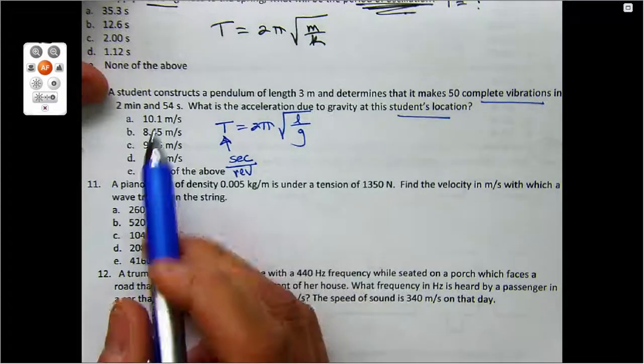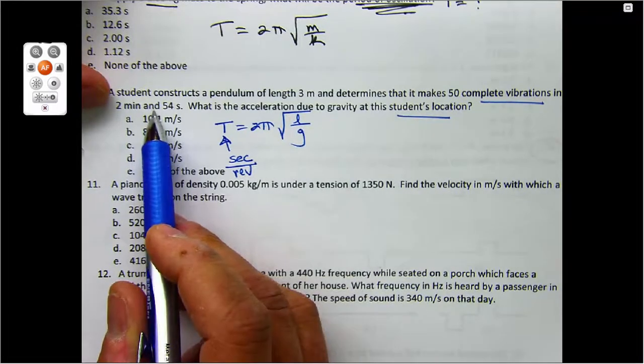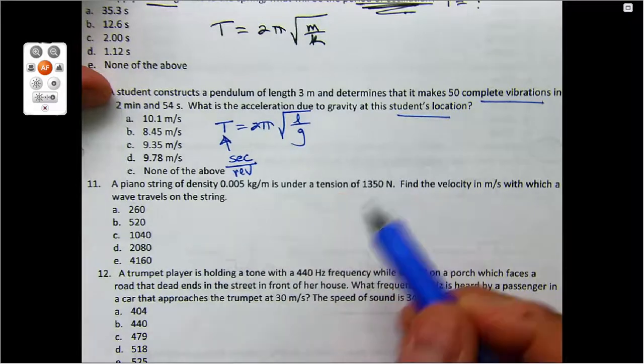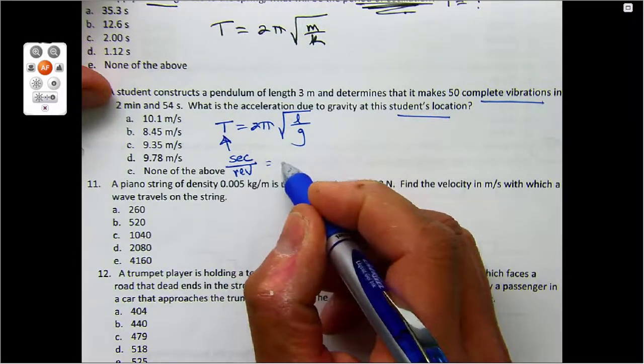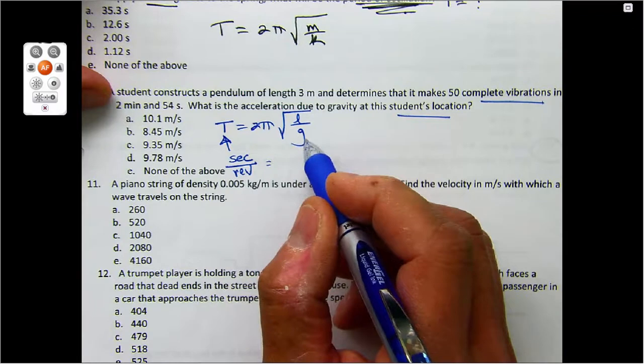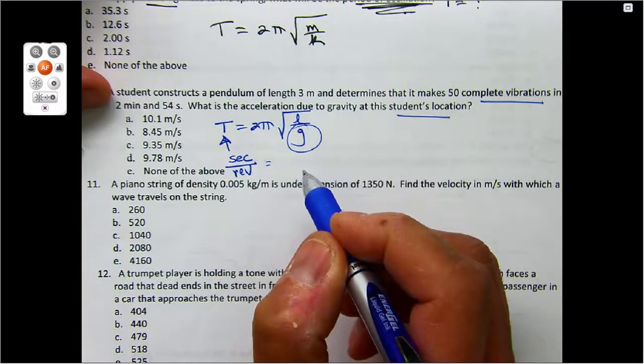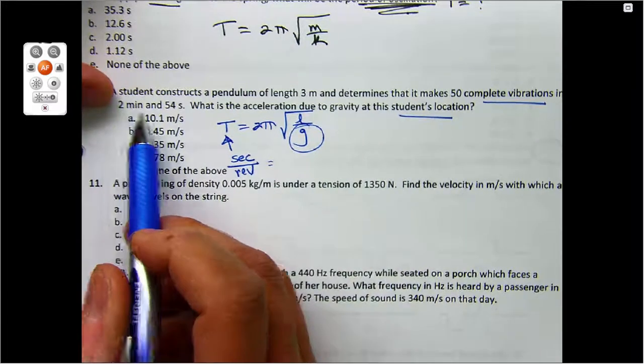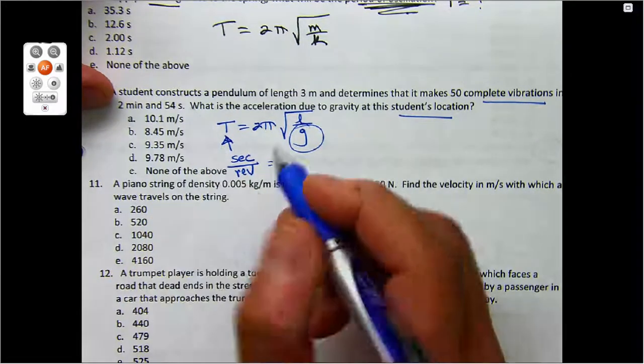So we can take this, convert it to seconds, divide by our 50, and that should give you T. And then once you have T, you can square both sides and solve for g. So this is going to be 120 and 54. That's going to be 174 seconds.